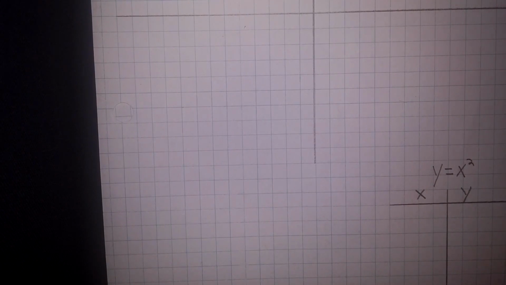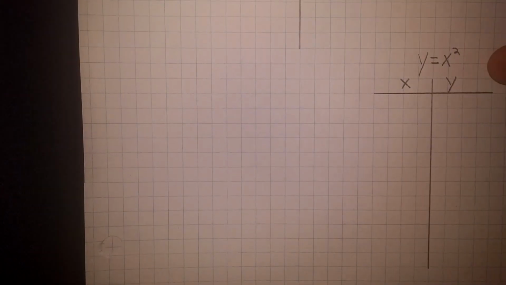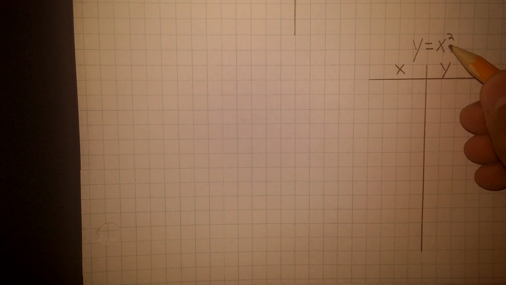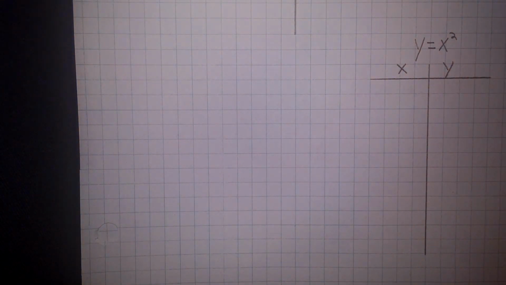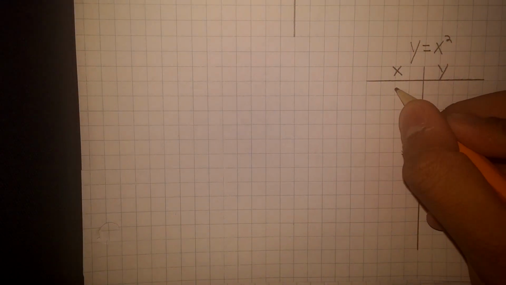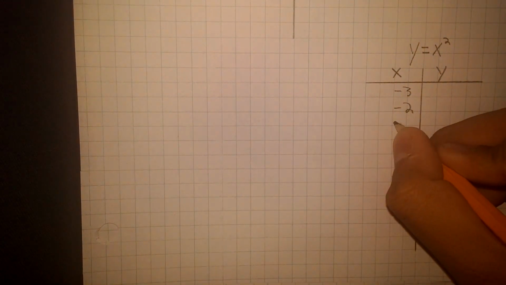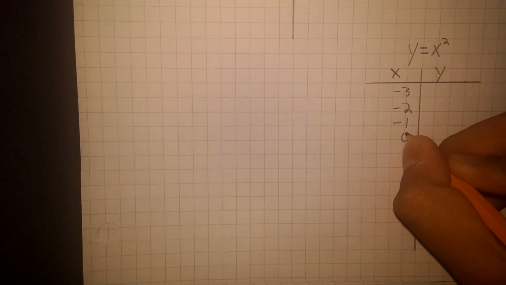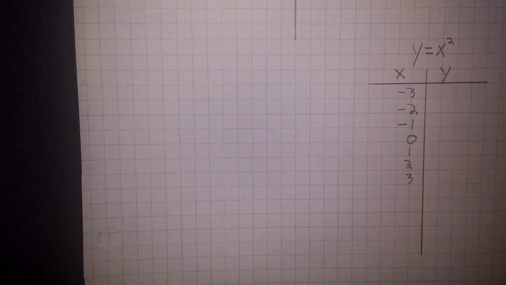What is a quadratic relation, you may ask? For that, I have this equation right here, which we'll use as an example, y equals x squared. We'll just start with -3, -2, -1, 0, 1, 2, 3.